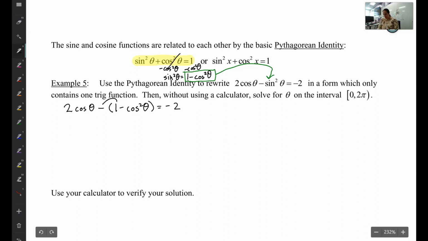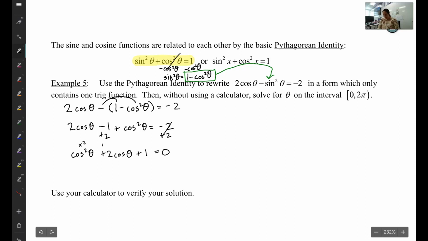Now, don't forget to distribute that negative. So we got 2 cosine of theta minus 1 plus cosine squared of theta equals negative 2. Next step, bring everything to one side and list from greatest to least. So cosine squared theta plus 2 cosine of theta plus 1 equals 0.